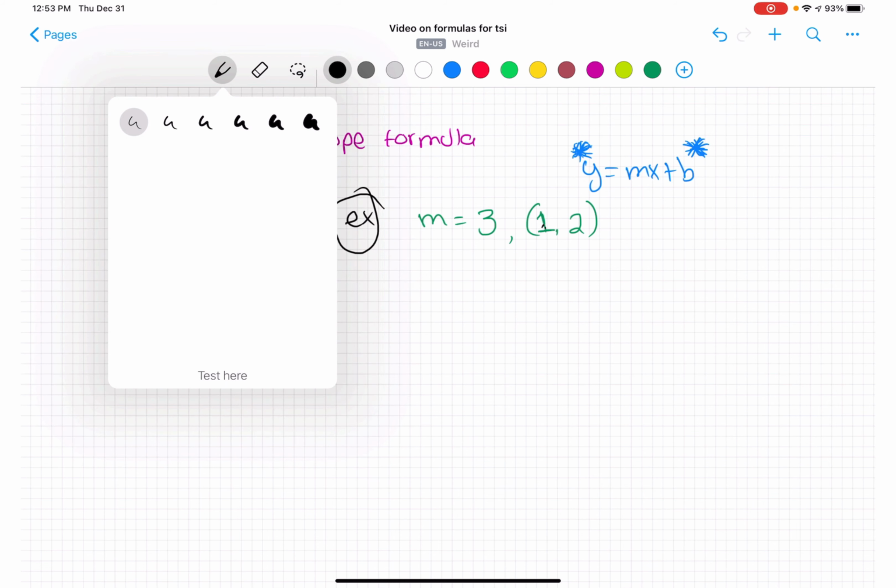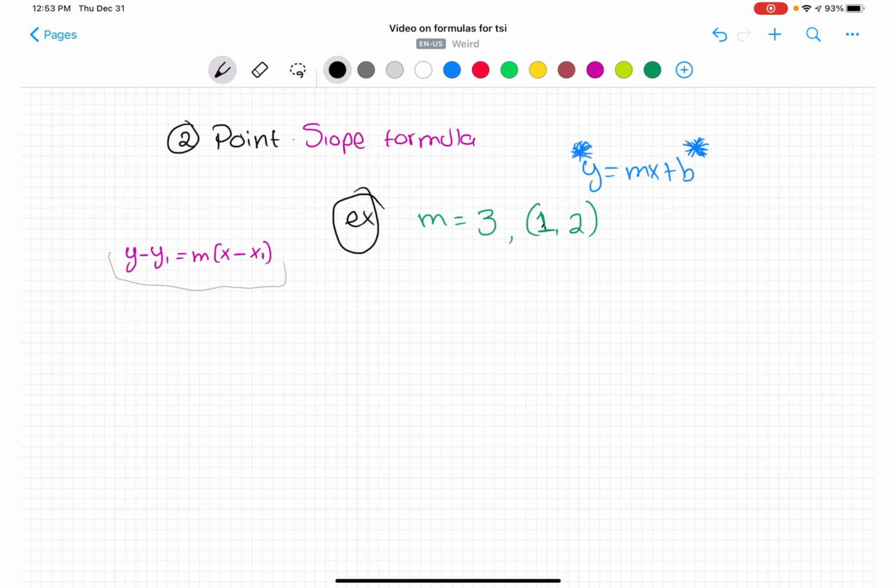This formula actually helps you get the whole equation of the line when you are only given a slope and a coordinate. If you look closely at this formula, you have y minus y1 equals m times the open parentheses x minus x1.